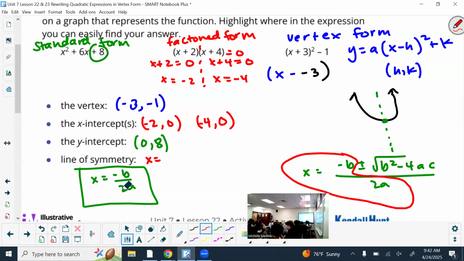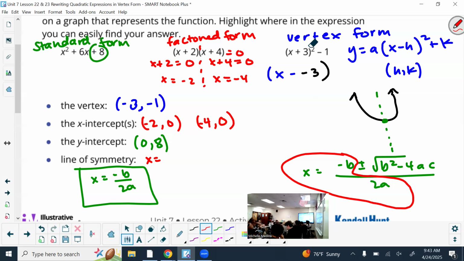You shouldn't have to plug it into this if you have one of the forms up here. Which form do you think it would be really easy to see the line of symmetry? What else goes right down the middle of the graph?